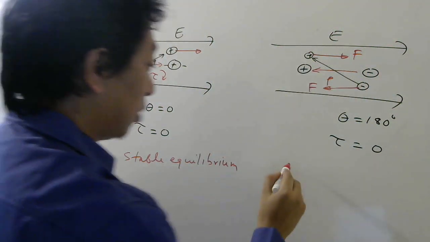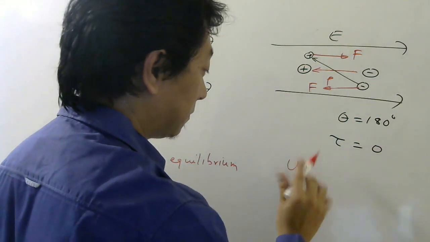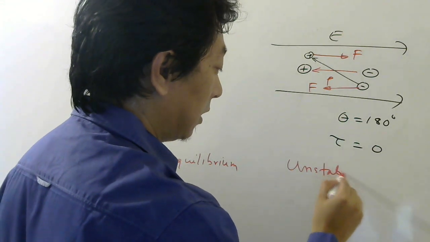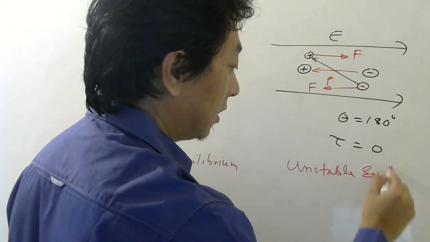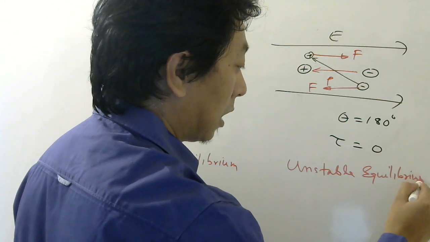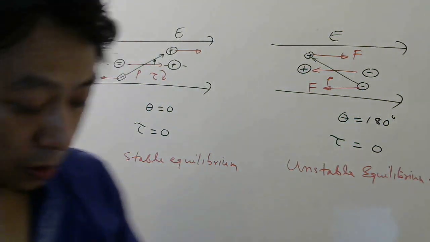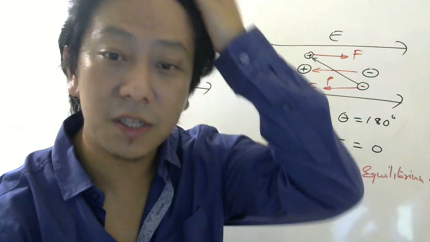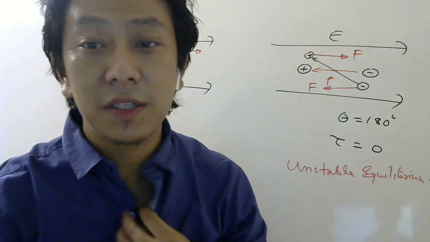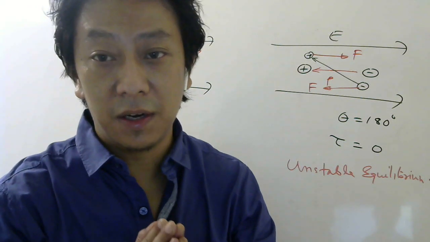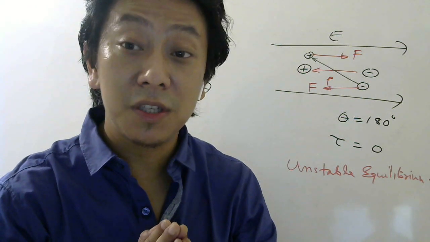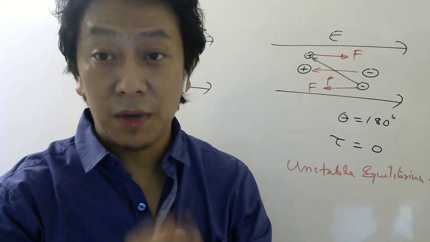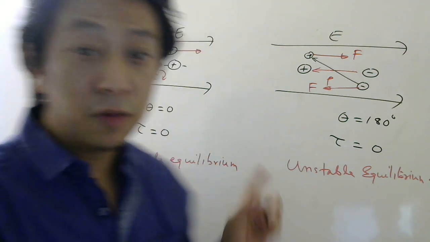So this kind of equilibrium is called unstable equilibrium. For CET, they may ask how many equilibrium positions there are when a dipole is kept in a uniform electric field. Two. But how many stable equilibrium positions? One.